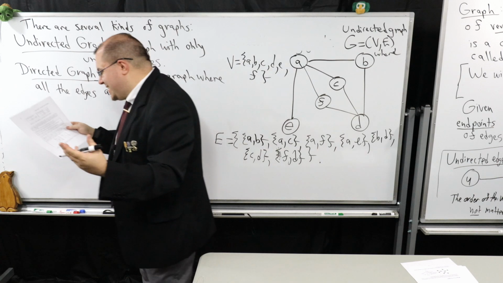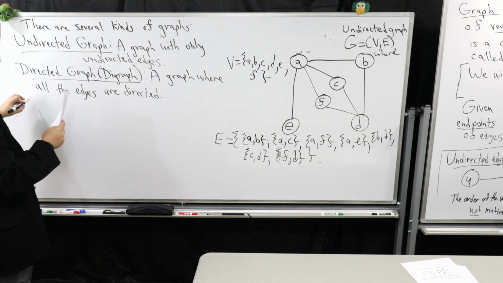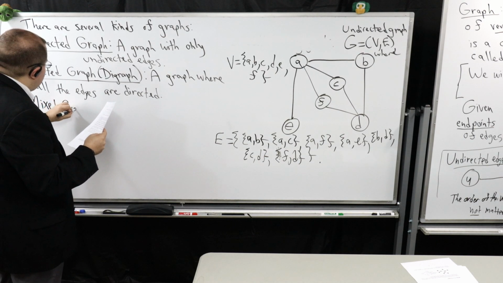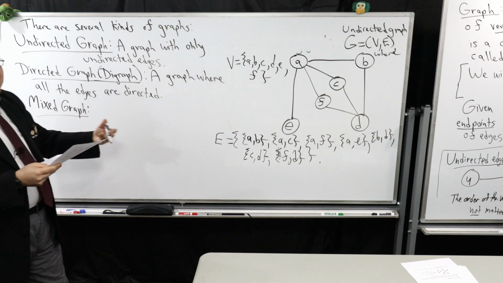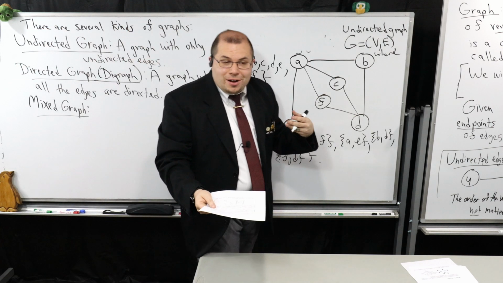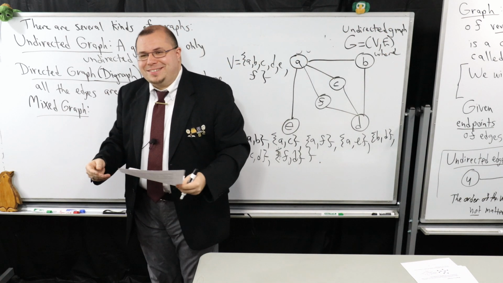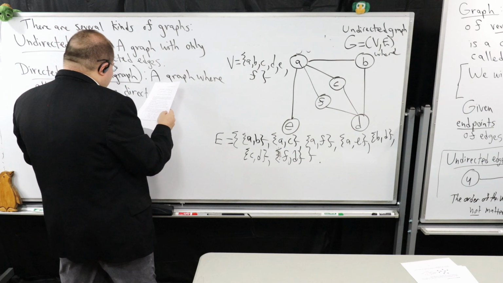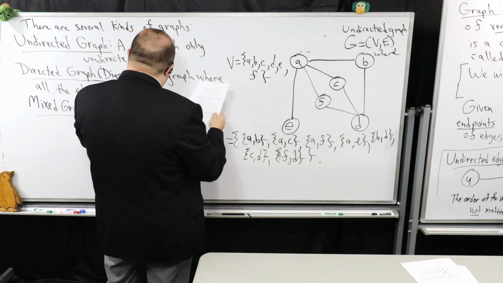And you might ask, what can you do when you have a combination of them? This is what we often will call a mixed graph. So a mixed graph is where some of the edges may be directed, some of them are undirected. It's a mix, right? It's like I have a taco salad.